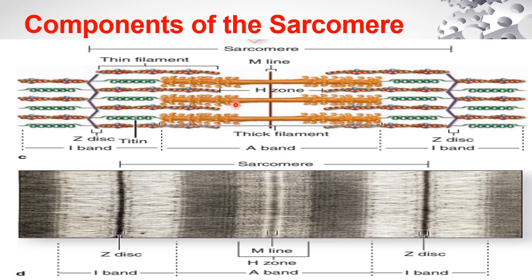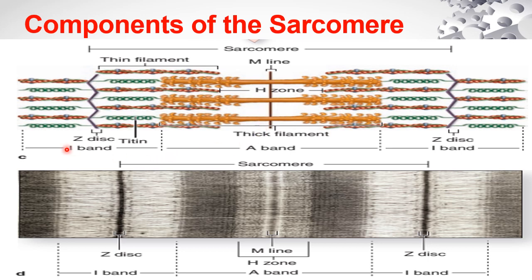In the H zone there is an M line which bisects it. This M line is composed of a protein known as myomesin. The H zone appears lighter because there are no thin filaments, only thick filaments.